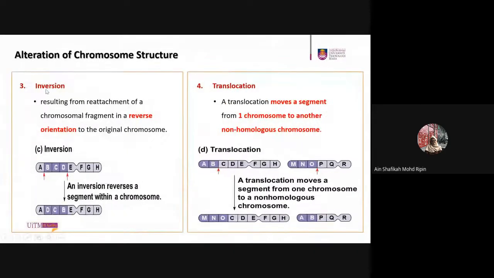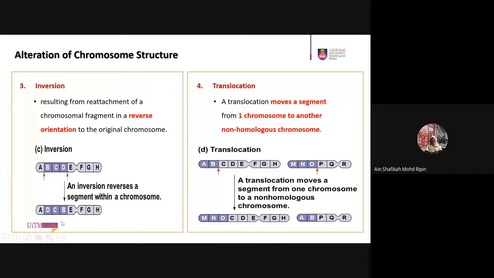Okay, so the next one is inversion, still under alteration of chromosome structure. Inversion results from reattachment of a chromosomal fragment in a reverse orientation to the original chromosome. So the original chromosome segment reads A, B, C, D. These different regions have different genes. But when inversion occurs, you change the position of the segment, you invert it. So the genes are still on that chromosome, but their position has changed, inverted.